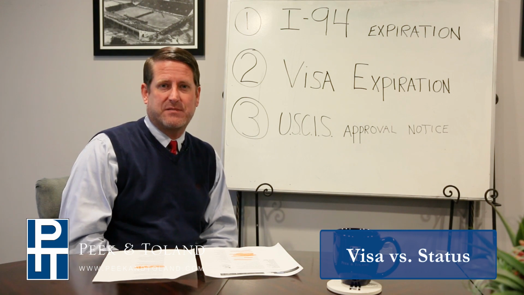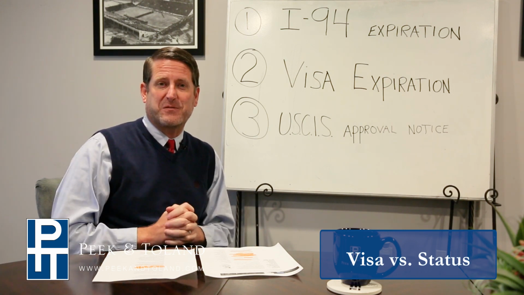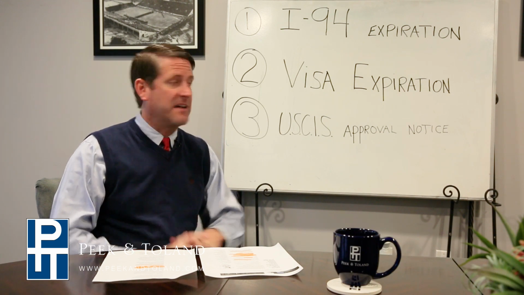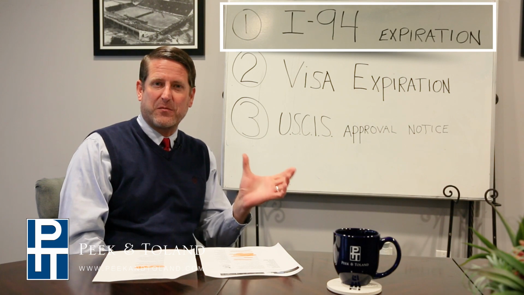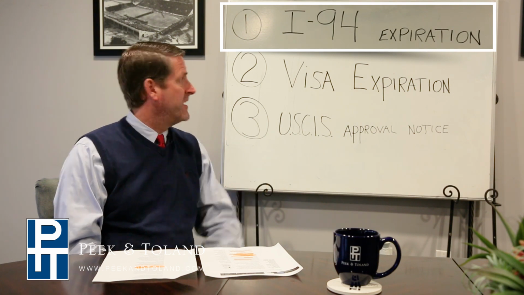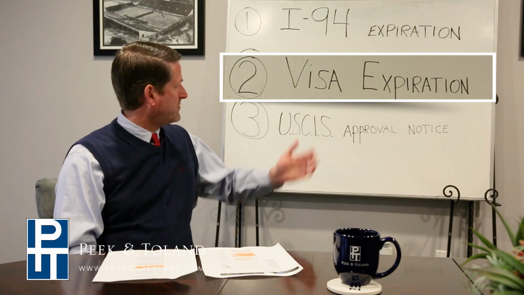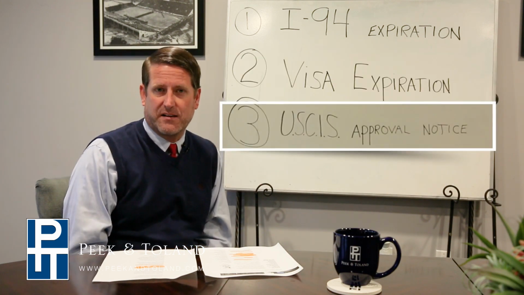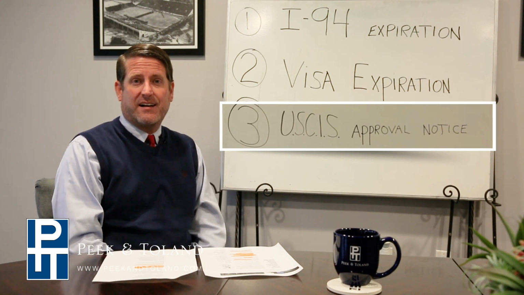There are three concepts that control the authorization of a non-immigrant foreign national to stay inside the United States. And those three concepts are written behind me. You've got the I-94, which used to be given in the form of a little white card inside of your passport. You have the visa, the actual visa that's issued inside of your passport. Or you have what's known as the USCIS Petition Approval Notice.